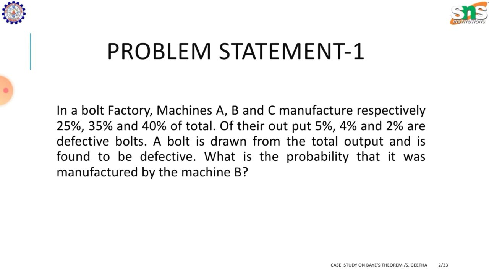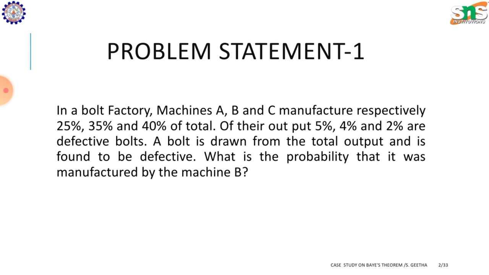Here, let us consider a bolt factory. It has machines A, B and C. A produces 25%, B produces 35% and C produces 40% of the bolts. Of their output, 5% are defective from A, 4% are defective from B and 2% are defective from C. A bolt is drawn from the total output and is found to be defective.